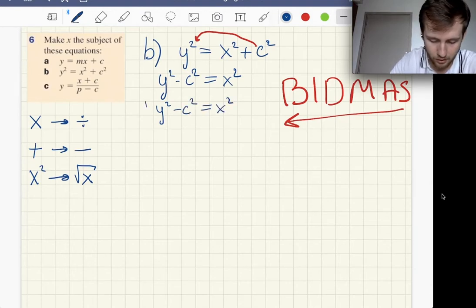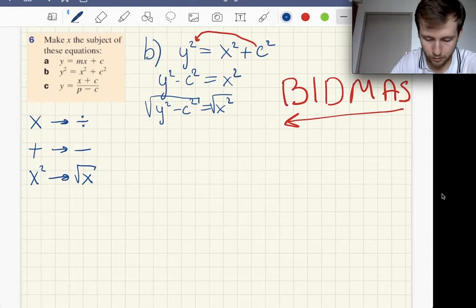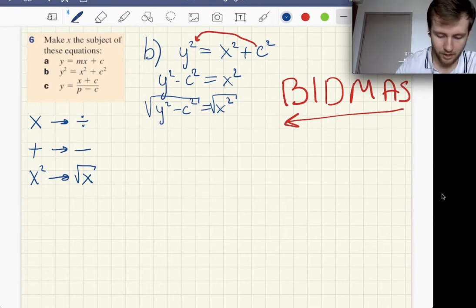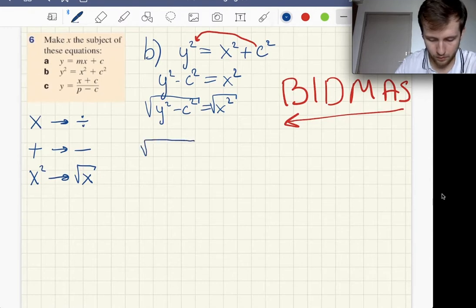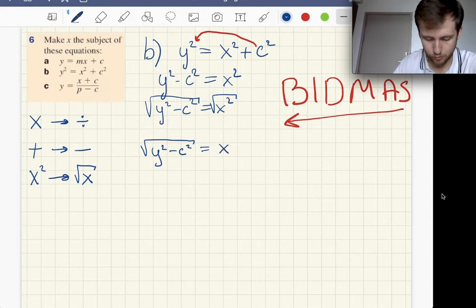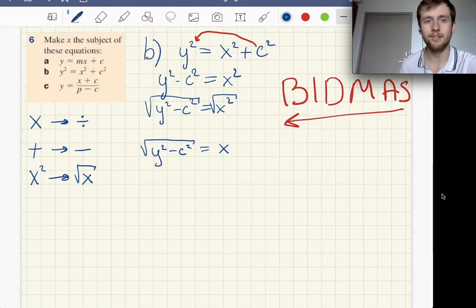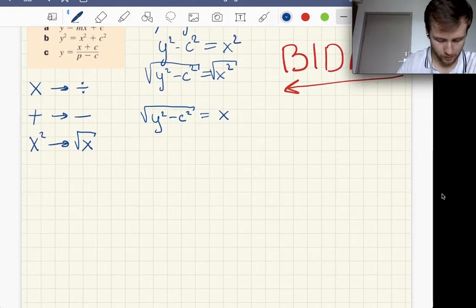We have to take the square root from both sides, like this. And the answer is going to be x is equal to square root from y squared minus c squared. That's it.